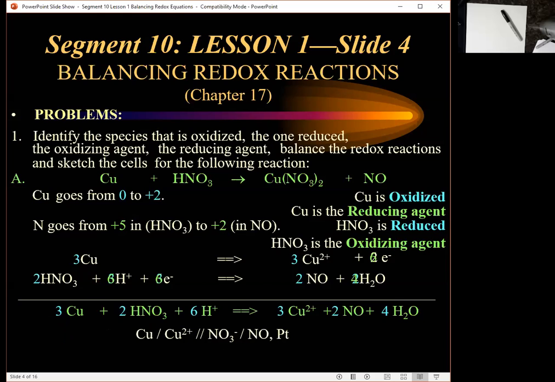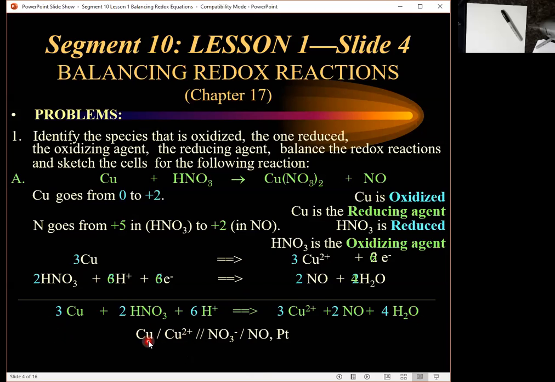All right. Now, I'm going to show you a shorthand notation that describes this overall equation, and we'll have some reasons to look at that. If you look at the way it's written, I've got copper and copper plus 2. Now, that was oxidized.